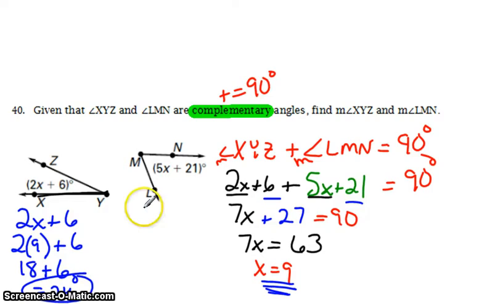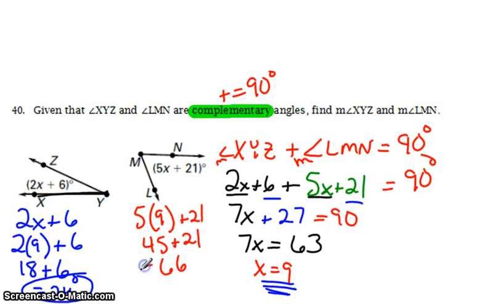And then filling in here, 5 times 9 plus 21. 5 times 9 is 45, plus 21 should be 66. So this angle should be 66 degrees. And if you do a quick check in your head, 24 plus 66 does give you 90 degrees. So therefore that would work out. So those are your final answers.